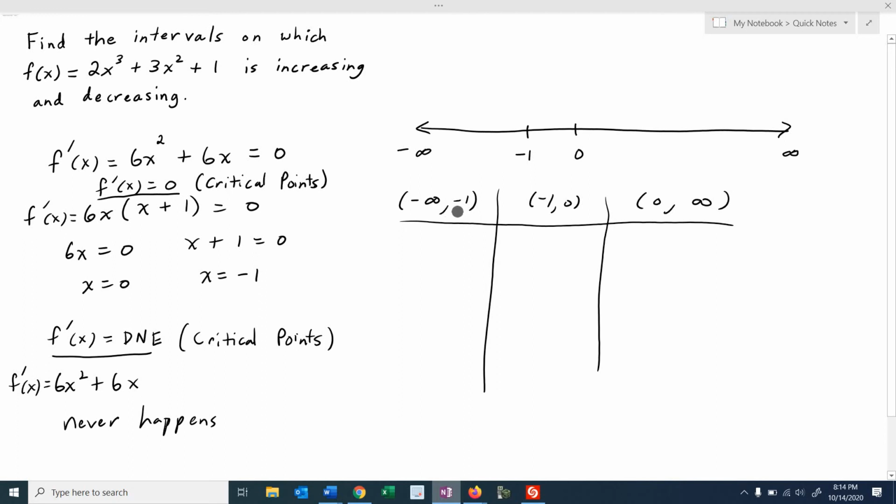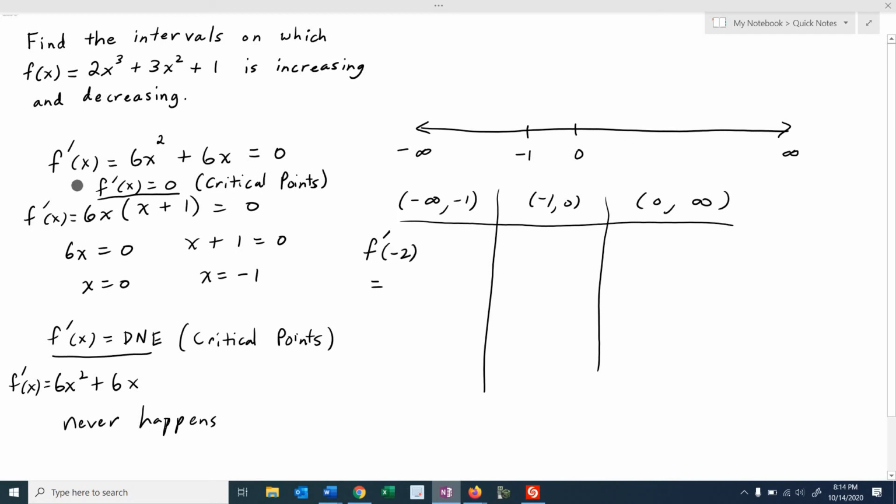Now, we know in this particular interval, the function is either increasing or decreasing. It's got to be doing one or the other. So we're going to pick a test point in here. Pick any point you want in this interval, like -2, and we're going to plug that into the derivative.